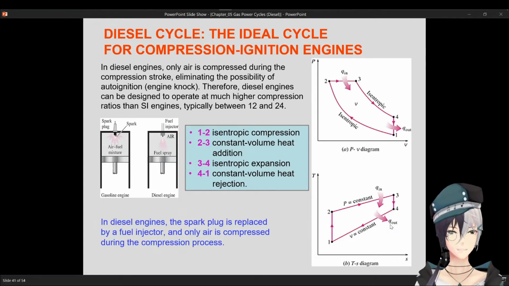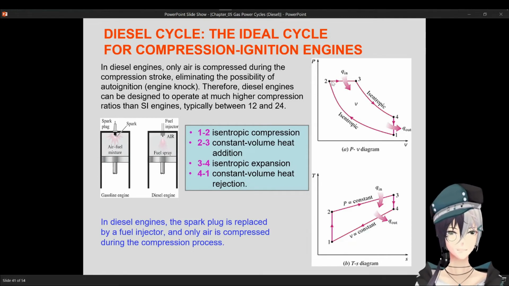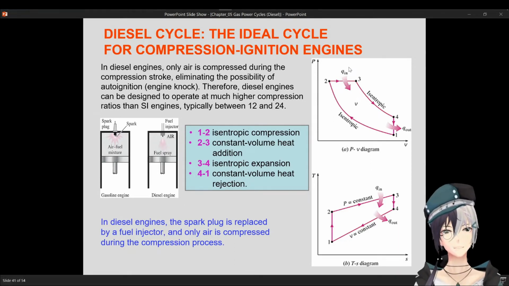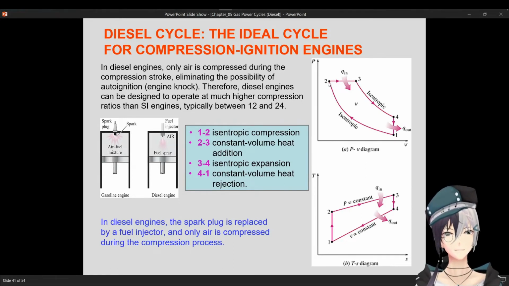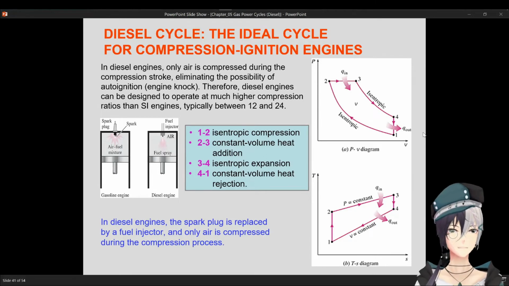So S P S V. So from here in the diagram, you can easily see where pressure 3 is equivalent to pressure 2, and volume 1 is equivalent to volume 4. And you can easily see where heat addition occurs and heat rejection occurs.